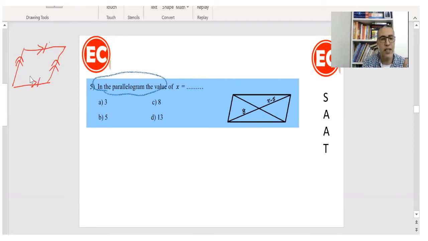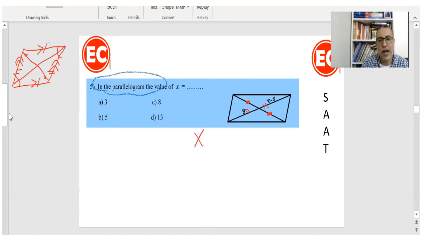Each pair of opposite sides are equal. Opposite angles are equal. Diagonals bisect each other. And what does it mean to bisect each other? It means that this side is equal to that side, and this one is equal to that one. But the diagonals are not congruent, they are not equal in length.